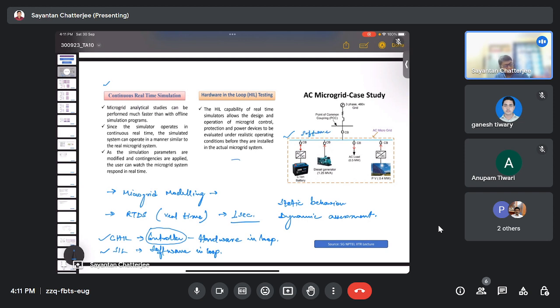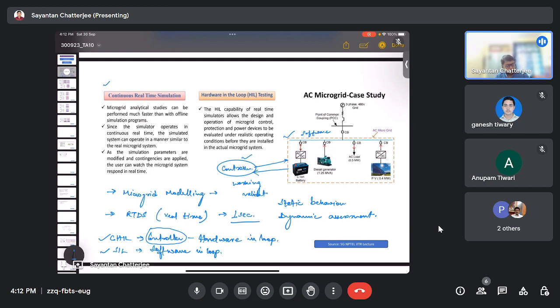The controller that is being designed runs outside the entire platform, meaning RTDS or Opal RT. It has some analog input, digital input, analog output, digital output pins, so it communicates with the software part, and that validates the working of this controller.